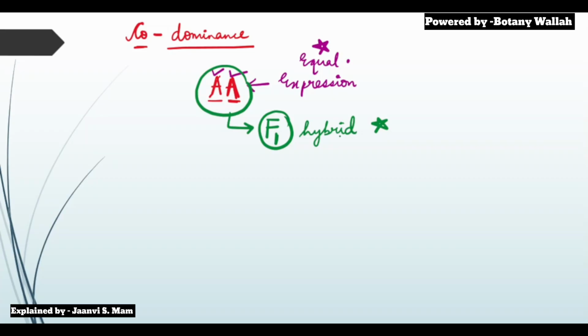So here there is a case where the alleles are able to express themselves, meaning this capital A is showing its own effect, and this capital A is showing its own effect. So here we can say that both the alleles are independently expressing.